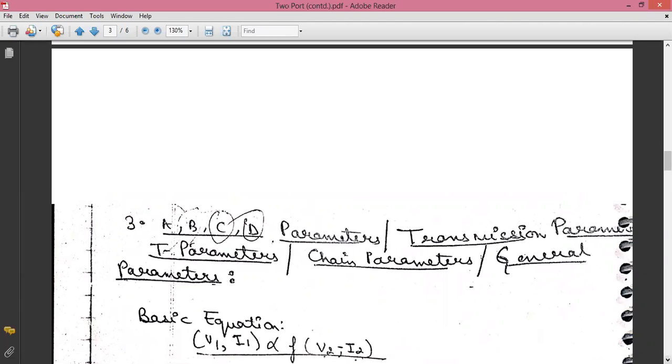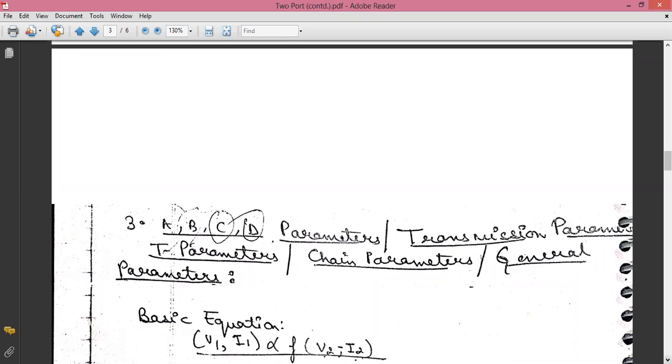If you remember, the basic equation of Z is V1, V2 a function of I1, I2. Basic equation of Y is I1, I2 a function of V1, V2. Now the basic equation for this third one, the ABCD parameters, is V1, I1 is a function of V2 and minus I2. Clear? So can you people write down this equation in your notebook?